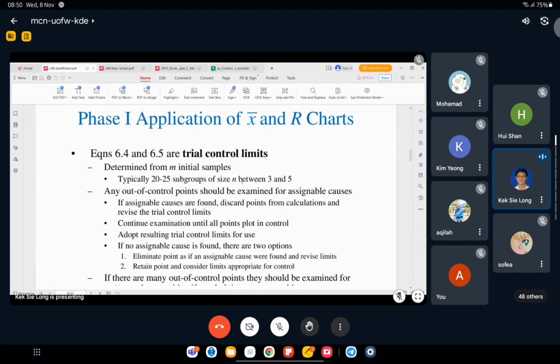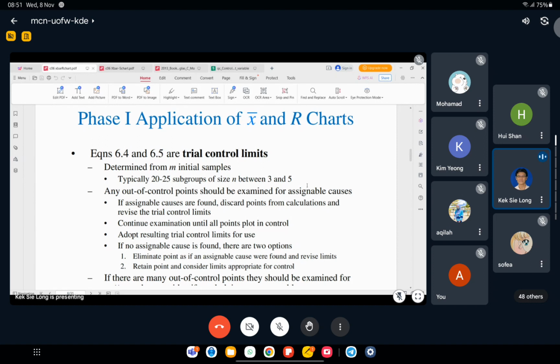So 20 to 25 subgroups of size n: this 20 to 25 actually refers to m, and the subgroup size actually refers to 3 and 5. Sometimes because the wording confuses us, we misunderstand the values of n and m. But it is not a problem.